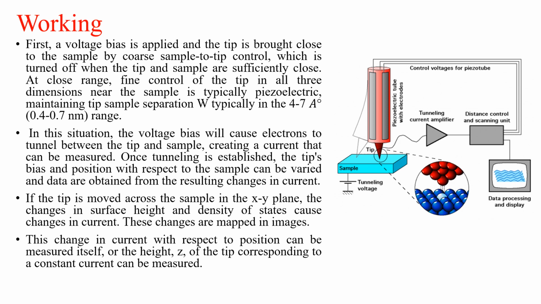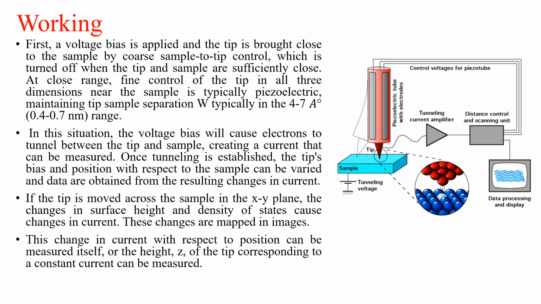So what happens in the actual process? Bias voltage is applied between the tip and the sample, and when the tip is brought within a close distance, electrons tunnel from the tip to the sample, depending upon the sign of the bias voltage applied.